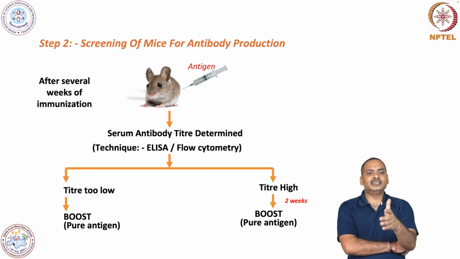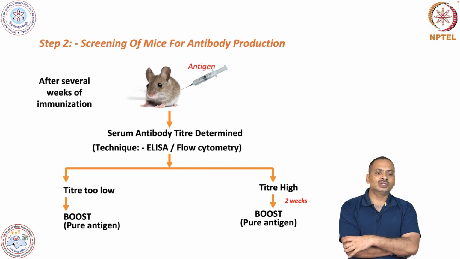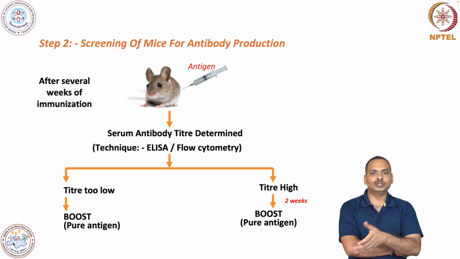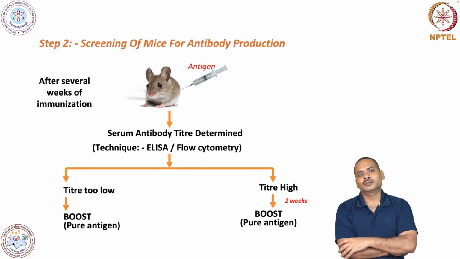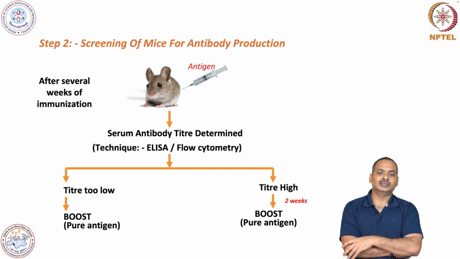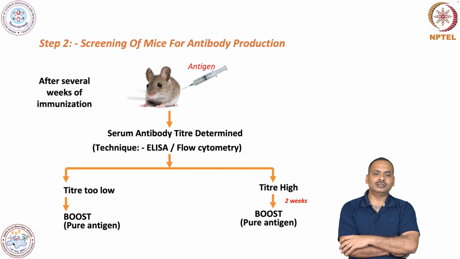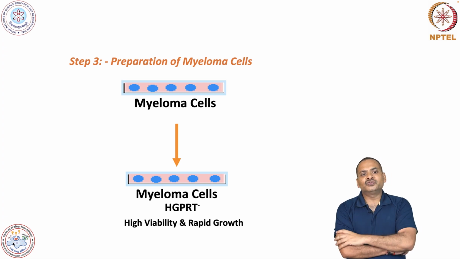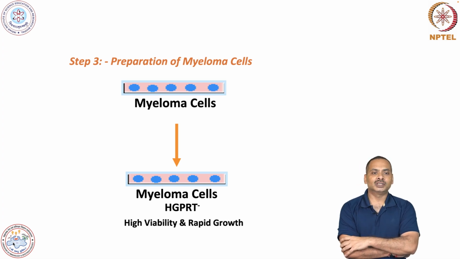Okay. Here if the titer is very low, then you basically need to give the booster dose. Okay. You need to boost again with incomplete adjuvant and antigen. And if the titer is good, then you can sacrifice and take out the spleen. Okay. So after that, what we do, we fuse with myeloma cell.